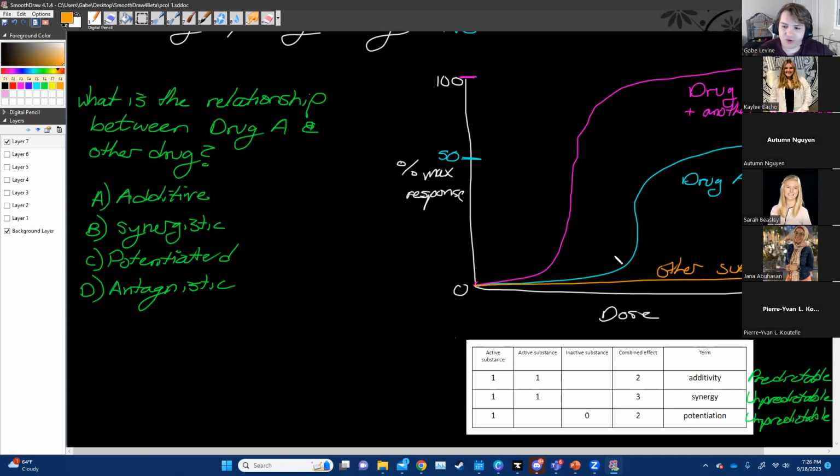And what I was trying to show was that the other substance was at 0. So we have a drug that gives no effect plus something that does have an effect, equals more than what we were expecting. 50% plus 0 should give us 50%, but somehow we ended up with much, much higher. So this would be an example of a potentiated relationship.